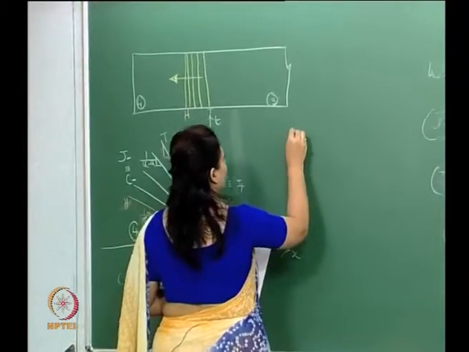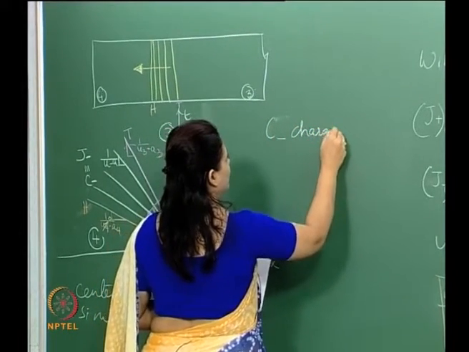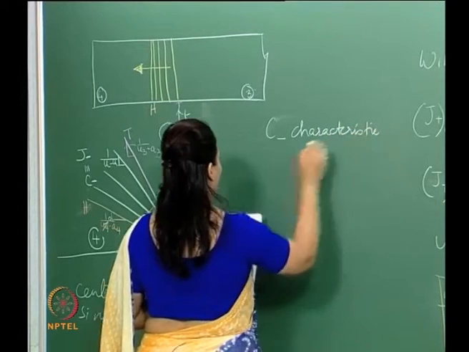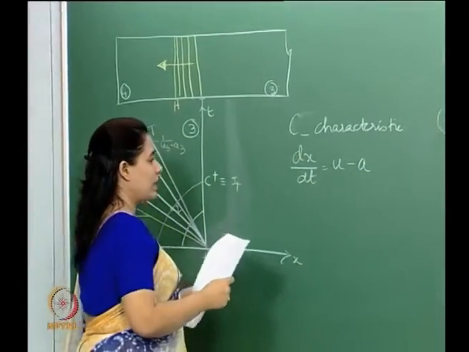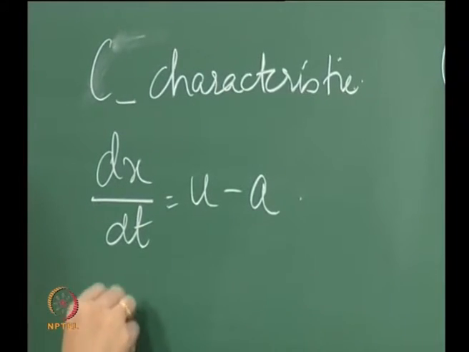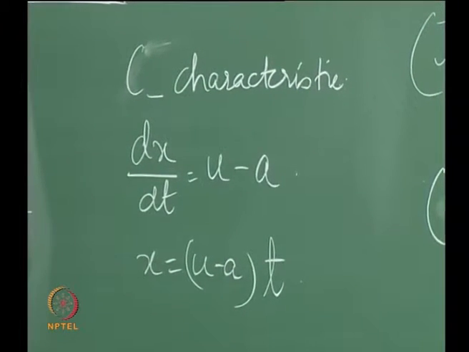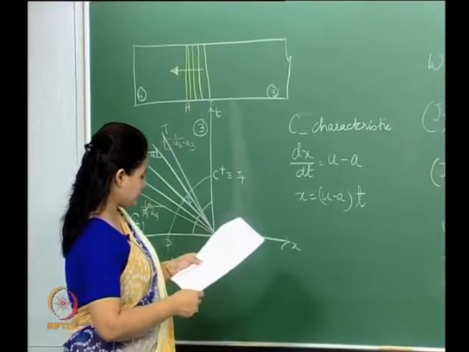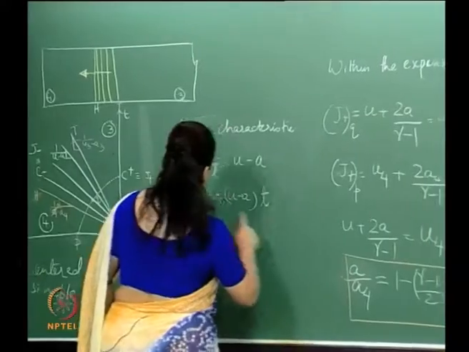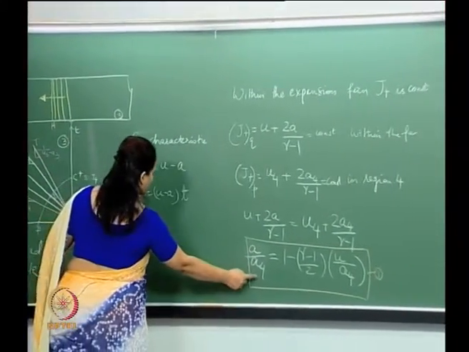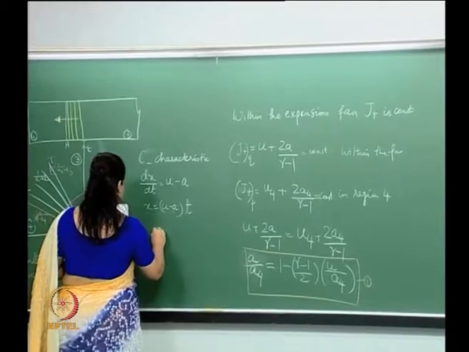So dx dt on a C minus characteristic is u minus a, which means that essentially, if I do this and look at this equation, I am going to write x using equation 1, where I can get rid of this A. So if I do that, what I get is this.